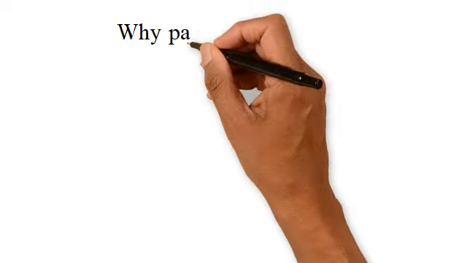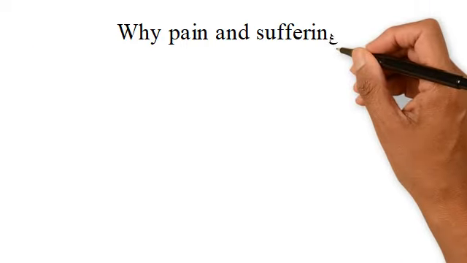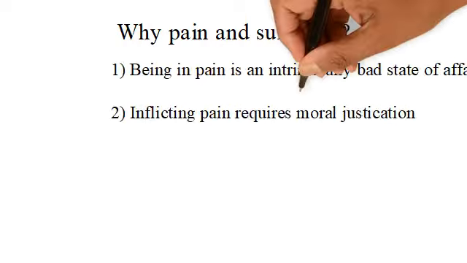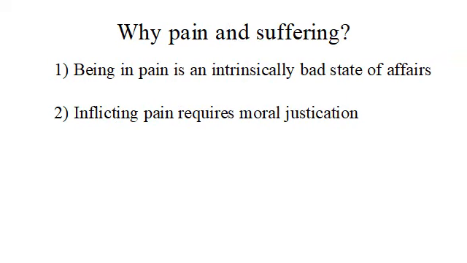Here someone may ask why sentience makes a moral difference. Why should we think that anything that can feel pain or experience suffering has direct moral standing? One reason in favor of this position is that being in pain is an intrinsically bad state of affairs.